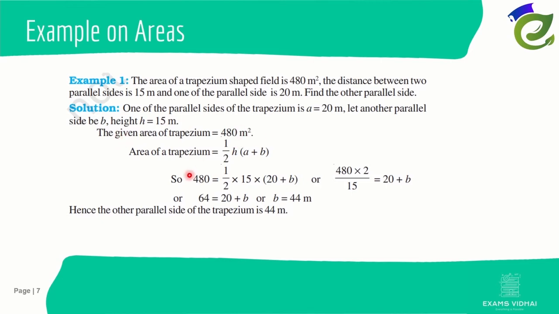Now we all know that area of a trapezium is half H into A plus B. By substituting these values in this equation, 480 equals half into 15 into 20 plus B. By solving, the value of B is 44 meters. Hence, the other parallel side of the trapezium is 44 meters.